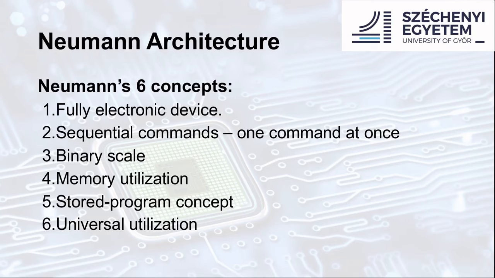Finally, according to von Neumann, a computer needs to be used for universal tasks. If you go back few slides where we discussed the functional units of PCs, then you can realize that this architecture is based on Neumann's concepts.